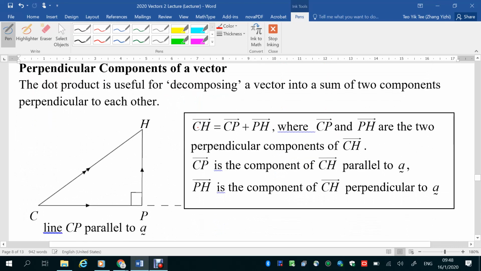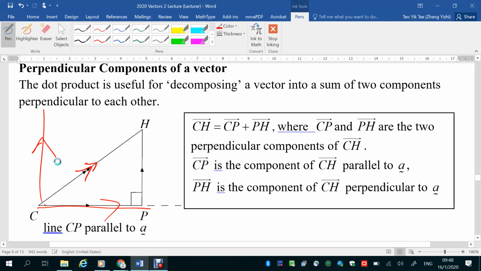Okay, the next one is actually a little bit of physics: the perpendicular components of a vector. If you're from secondary school, this is what you call the resolving of your forces. CH can be resolved into the horizontal component as well as the vertical component.